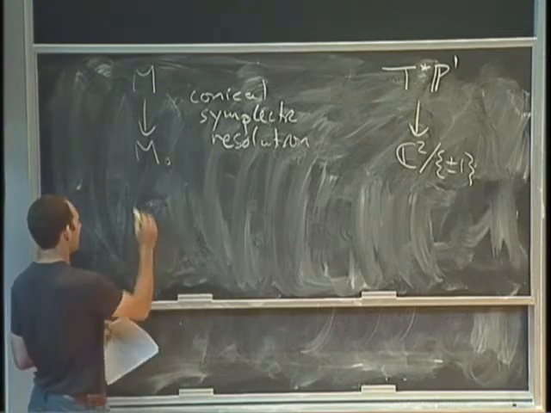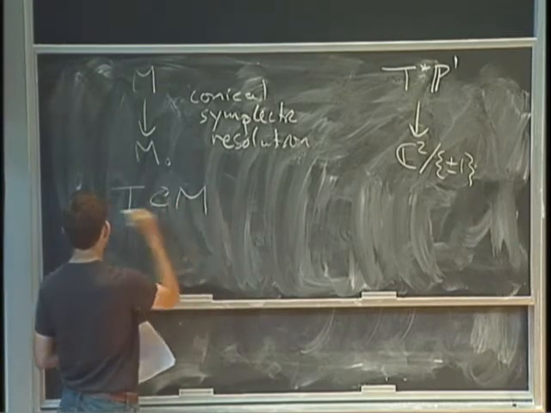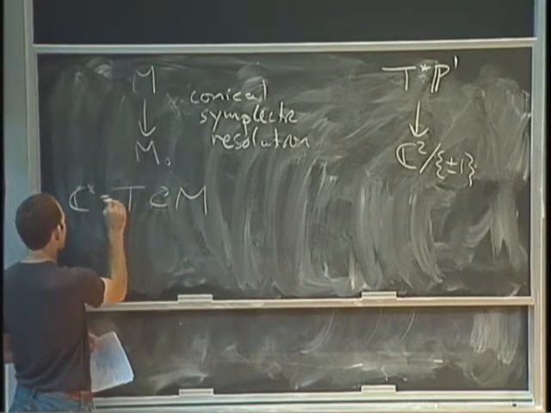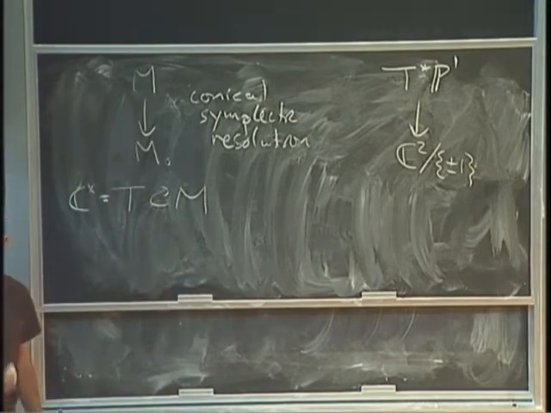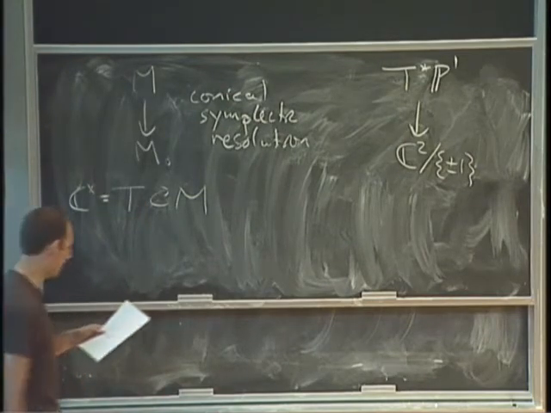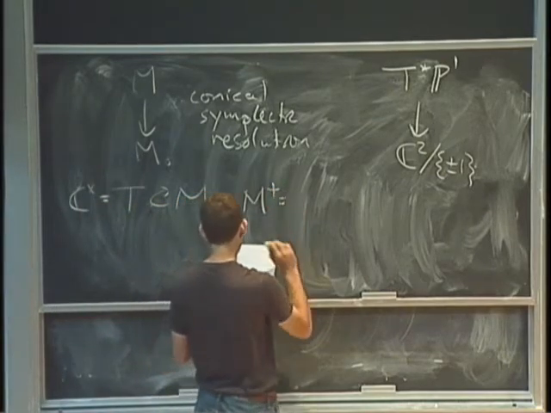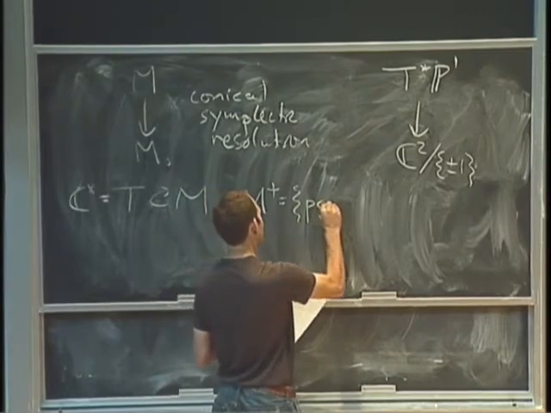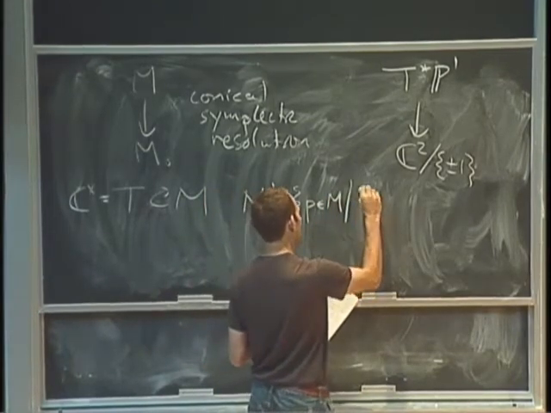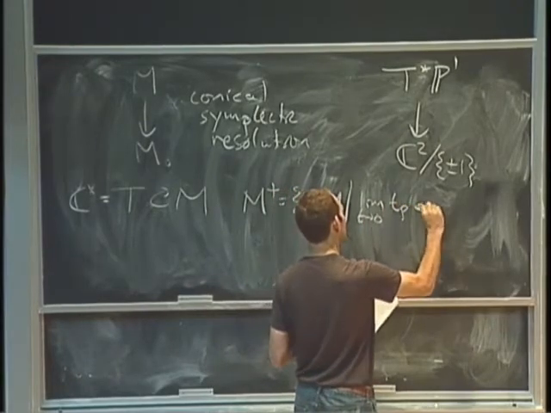The part I want to remind you of is that we have a torus action on M. This is a one-dimensional torus. There were two different torus actions, one of which I called T and one of which I called S. I'm not really going to talk about S today; I want to focus on T. I had a subvariety M plus, which was the points P in M such that the limit as t goes to 0 of t·p exists.